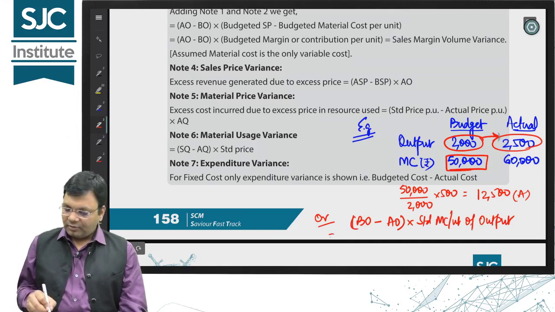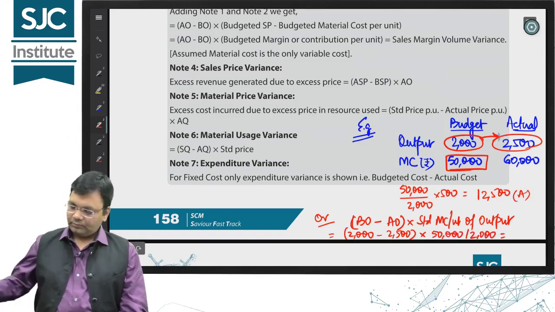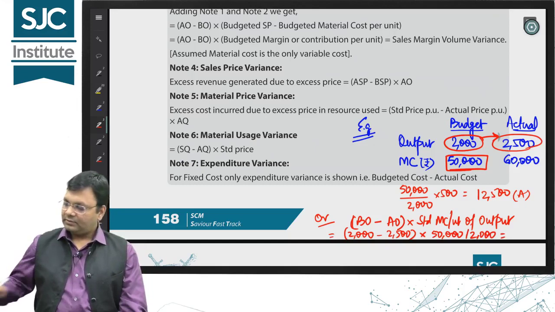You can solve it like this. Budgeted output is 2000, actual output is 2500, then standard material cost per unit of output is 50,000 divided by 2000. 2000 minus 2500 into 50,000 by 2000.